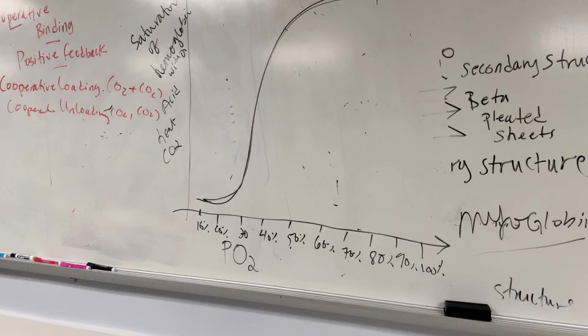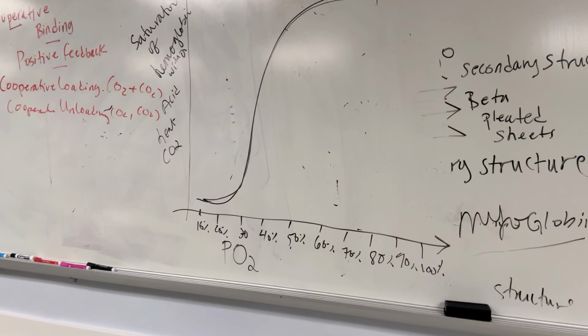Then it passed by another tissue that has 30% oxygen. Do you think hemoglobin is going to give the same amount of oxygen to somebody who has only 10% and somebody who has only 30%? Who is it going to give more to? Absolutely.